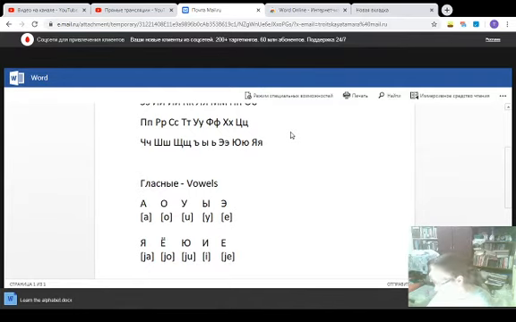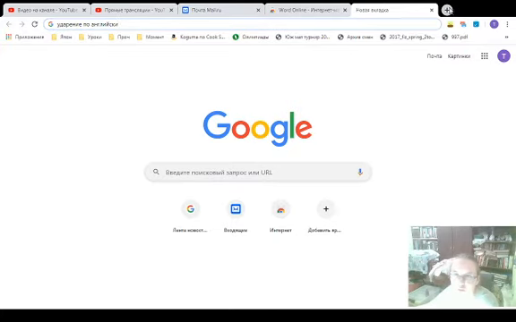Yes, and in Russian we do have stress. If you use the wrong stress in the word, it can harm the meaning of the word. For example, I need an example. I cannot remember the example.